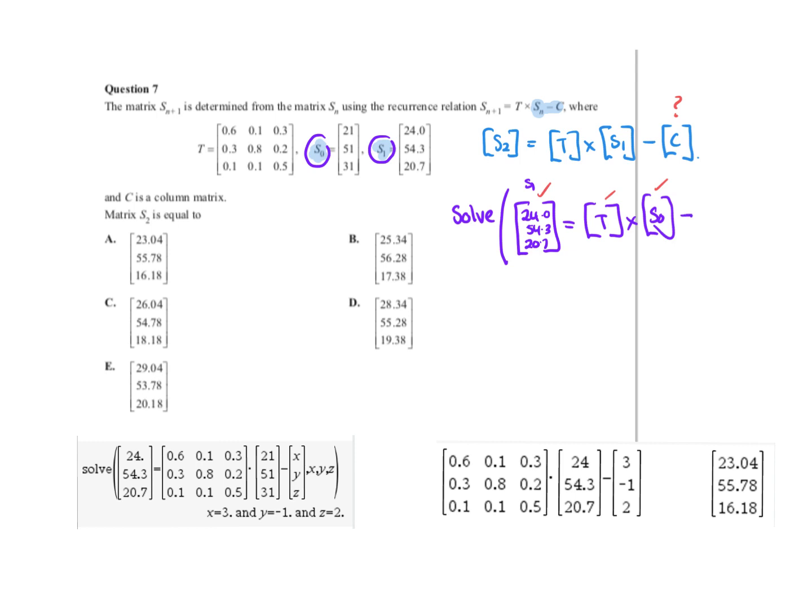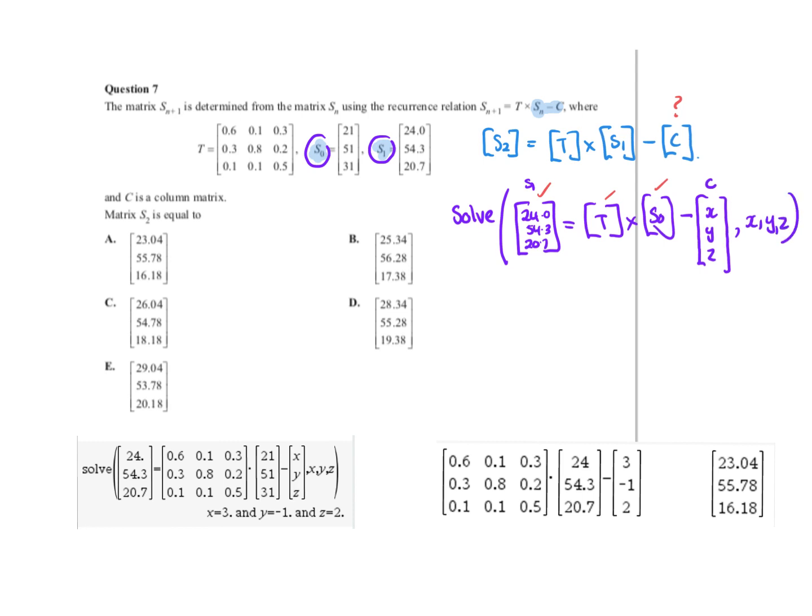Now C will have to be like the state matrix, so it's going to be a 3 by 1. So this will be C, and this is the question. Because I know it's going to be a 3 by 1, but I don't know the numbers in it, all I did is I called them 3 separate letters, and if you type that in and just do comma X, Y, and Z, it will tell you.